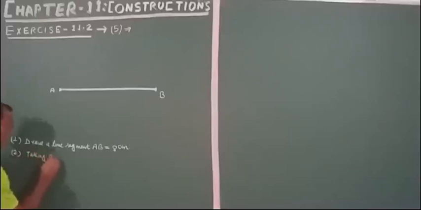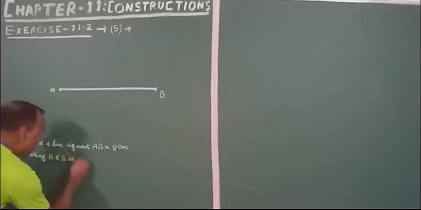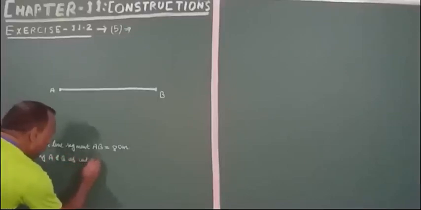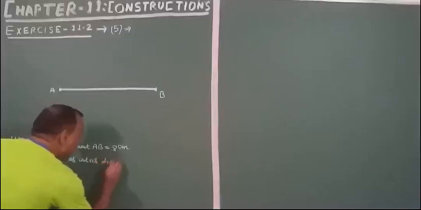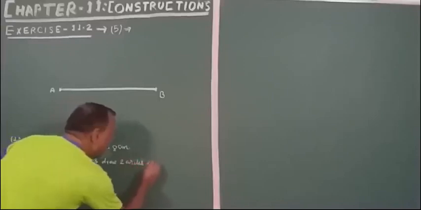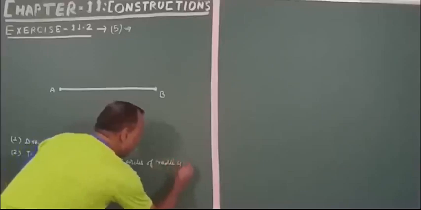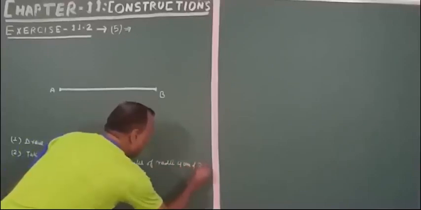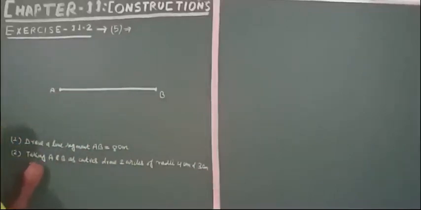Taking A and B as centers, draw two circles of radii 4 centimeter and 3 centimeter respectively.